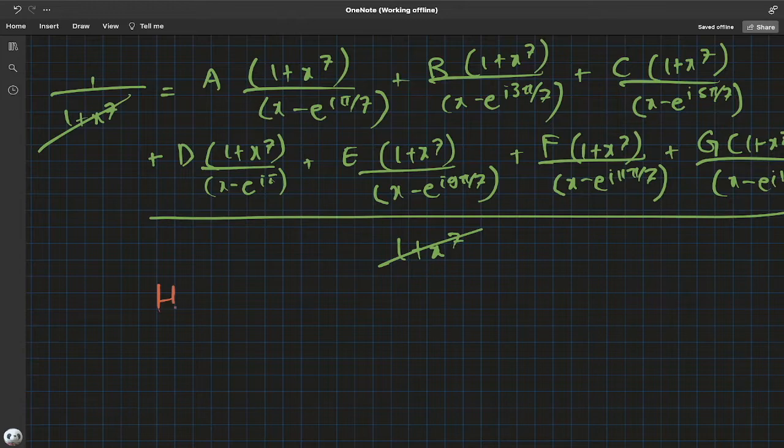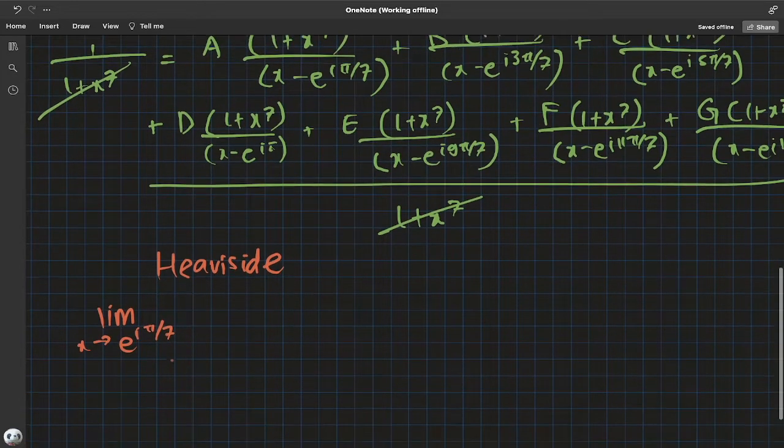Well, for this, we're going to use a Heaviside approach. And this was the name of a guy. There's nothing heavy about this. But what we're going to do is take the limit as x goes to the first root, so it's e to the I pi over 7.